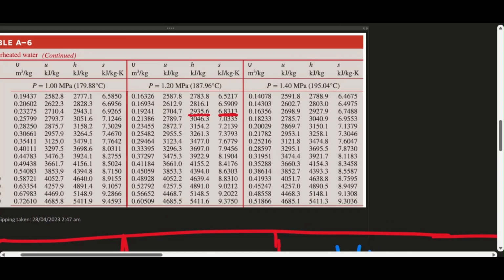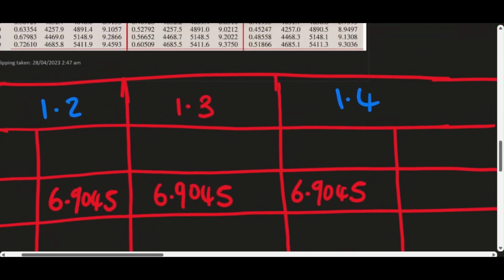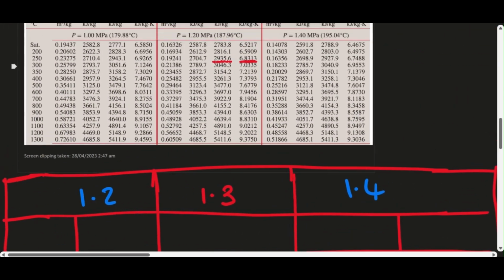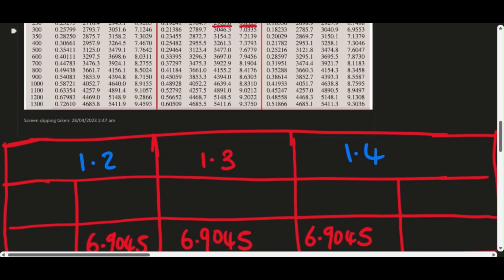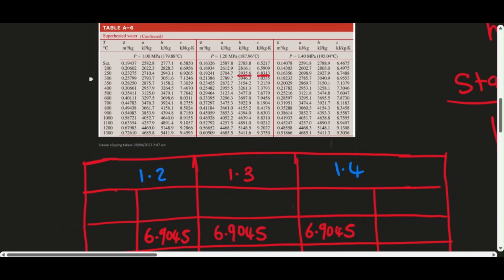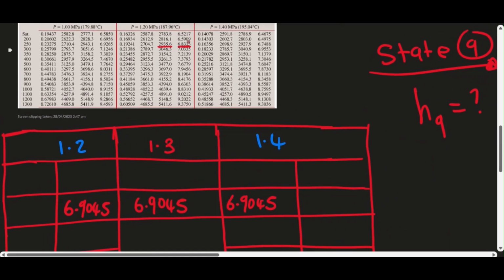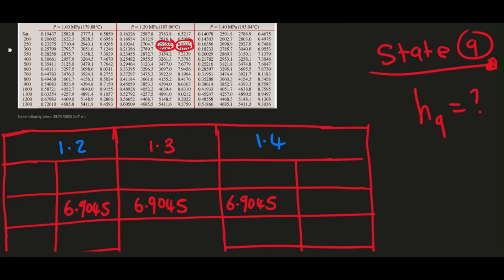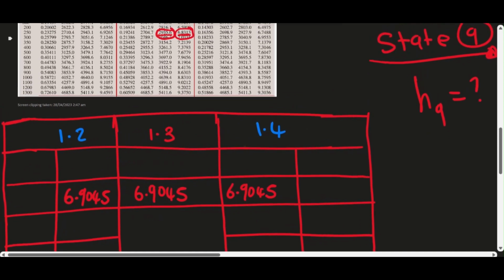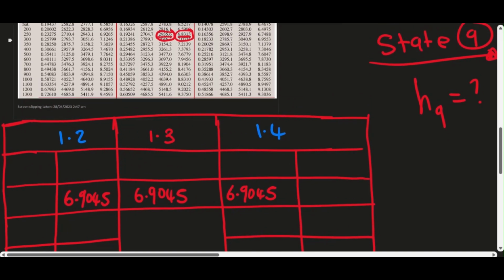At 1.2, we have 6.8313 and 7.0335. So I need to interpolate between these two and those two to get my enthalpy at 1.2 megapascal.